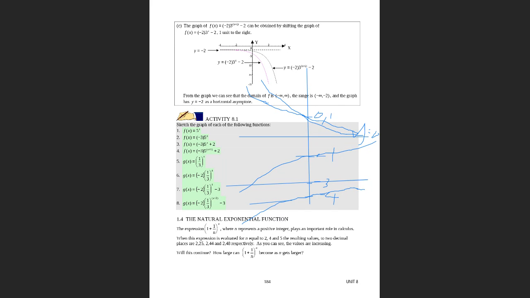So the greater the number that you multiply the base with, the more the graph expands, and the smaller the number that you multiply the base with, the more it shrinks. Okay, good. So if it is less than 1, it starts shrinking, obviously, from the original graph. If it's greater than 1, it starts expanding from the original function.